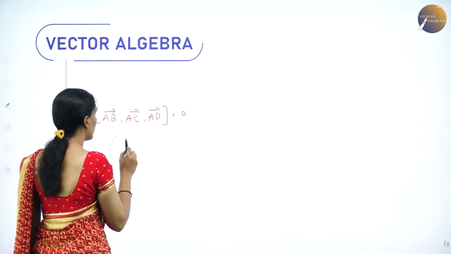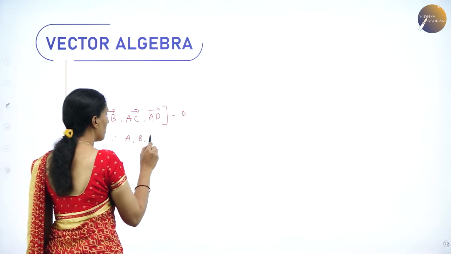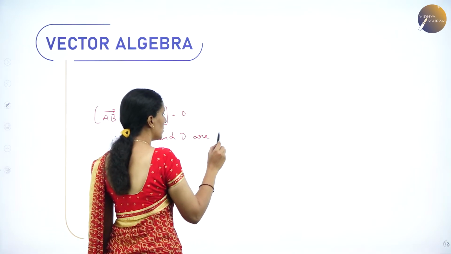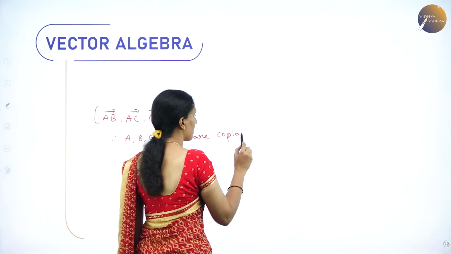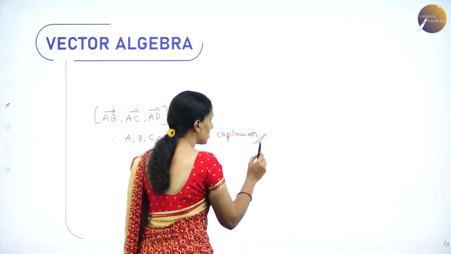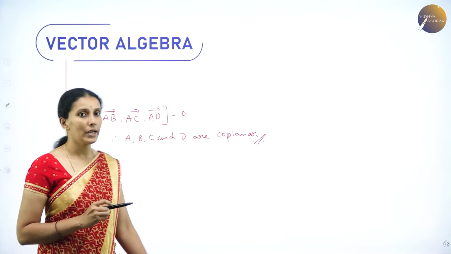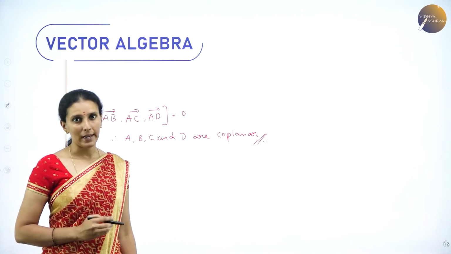So therefore A, B, C and D are coplanar. So just by showing that their scalar triple product is 0, we can show that the 4 points are coplanar.